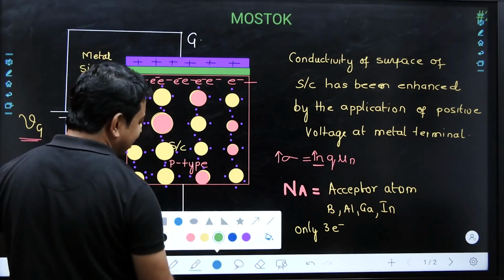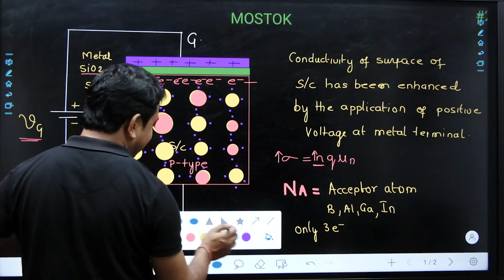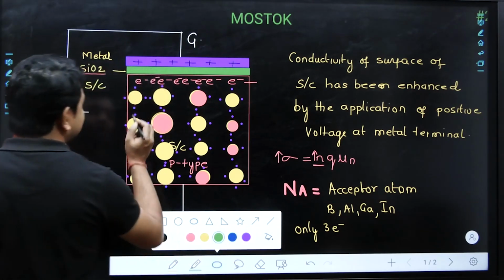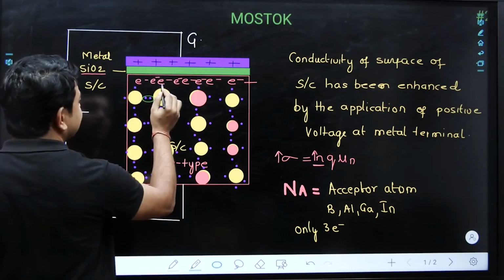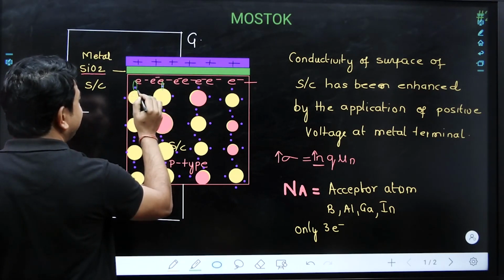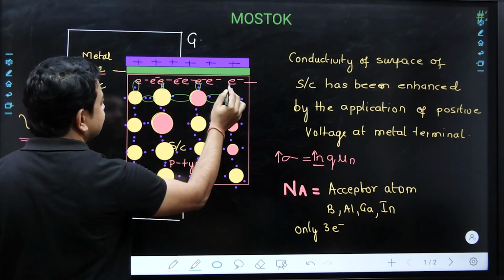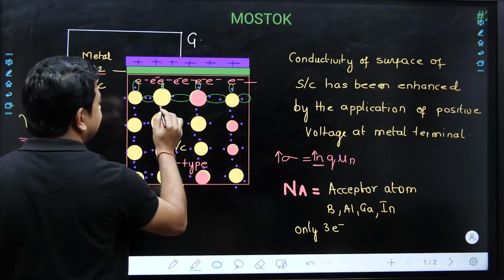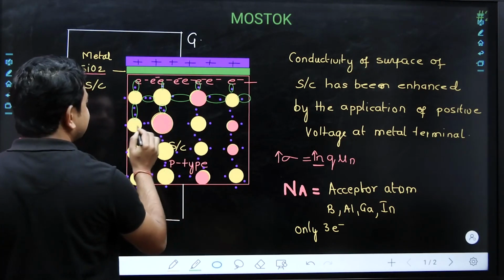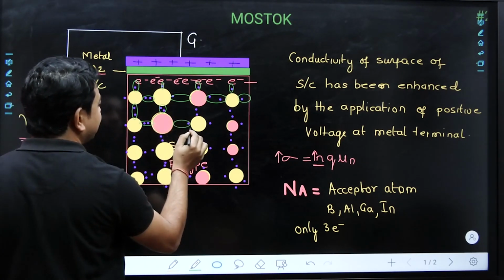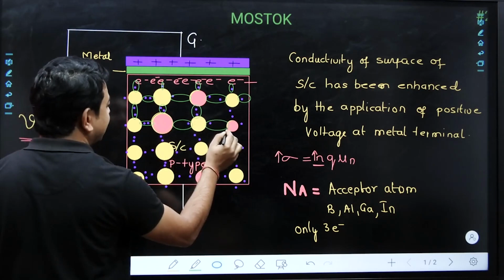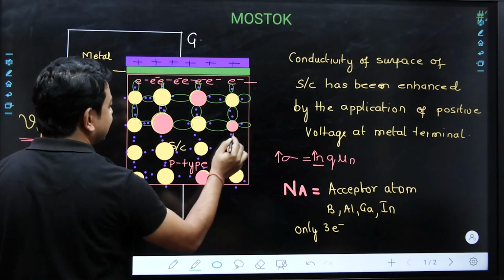The remaining electrons will make covalent bonds with their neighbor atoms, like this. So I made a proper description of what is happening in a microscopic way, so that you get a proper idea of where we are getting the electrons.